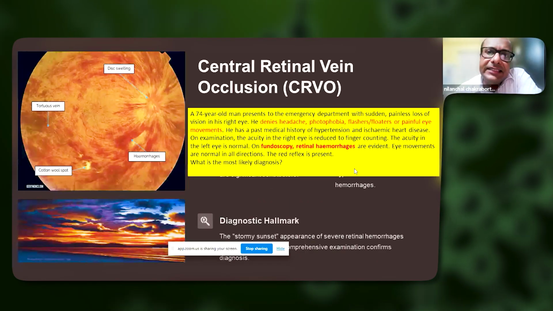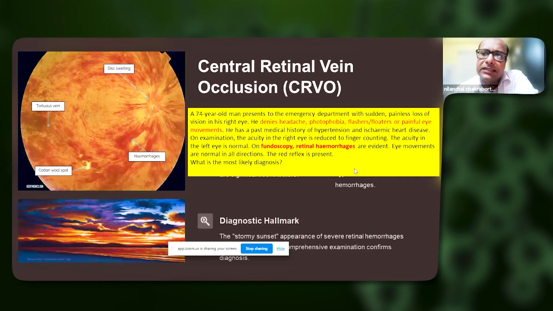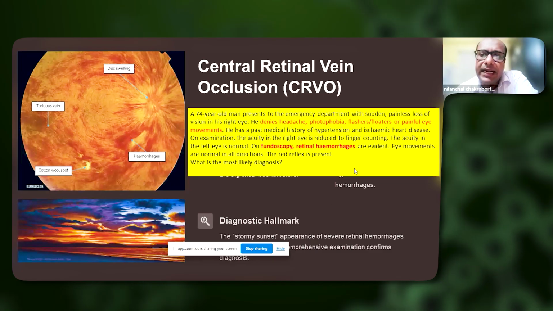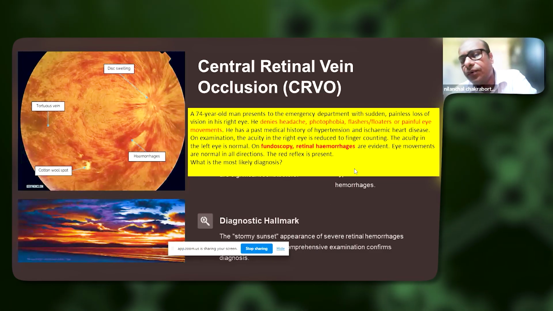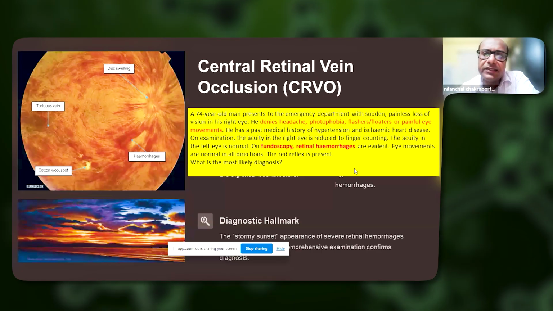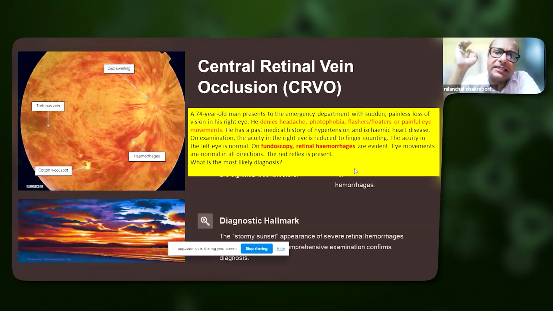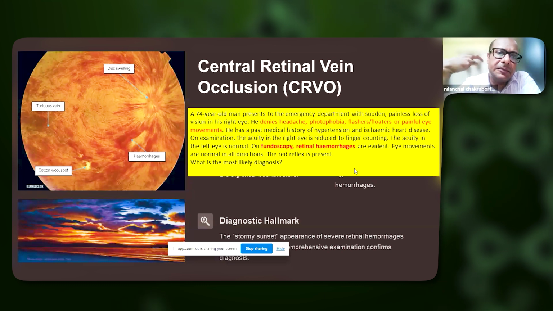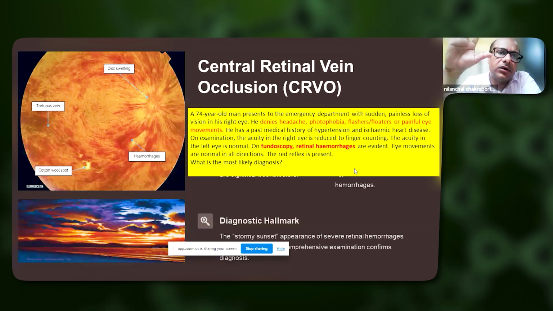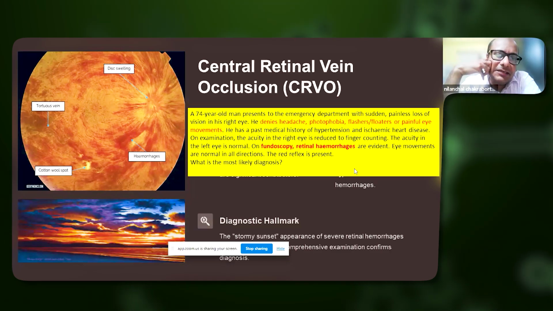Similarly, central retinal vein occlusion will again be a sudden painless loss of vision in a vasculopath. There will be no headache, photophobia, flashes or floaters, which are usually features of different vitreal disorders. In fundoscopy, the typical hallmark is the stormy sunset, because there will be multiple hemorrhages, tortuous veins, cotton wool spots, and optic disc swelling because of edema.